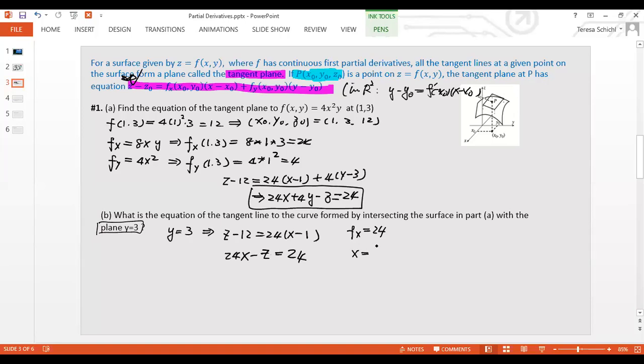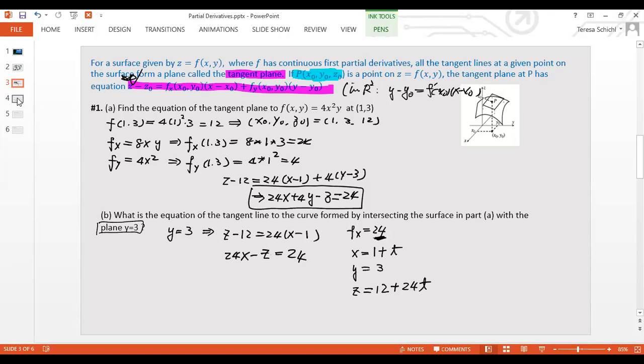The line will be x equals 1 plus t, because when y equals 3 I'm moving along the x-axis, so y is just equal to 3. Then z is equal to 12 plus the slope, which is the direction here, 24t. Okay, that's it.